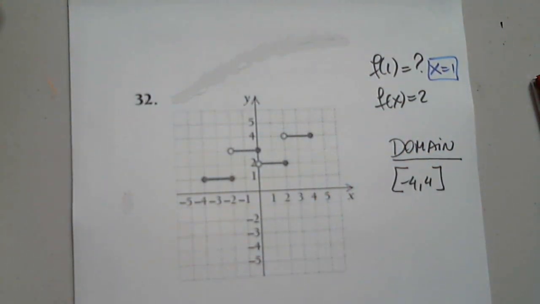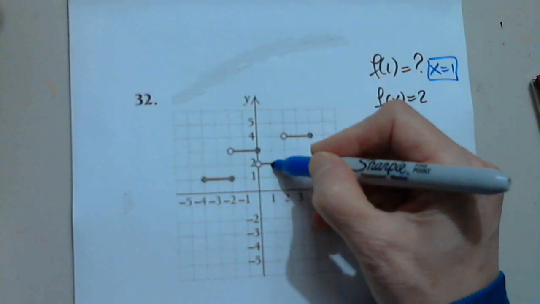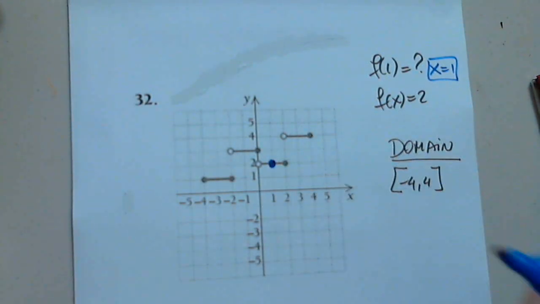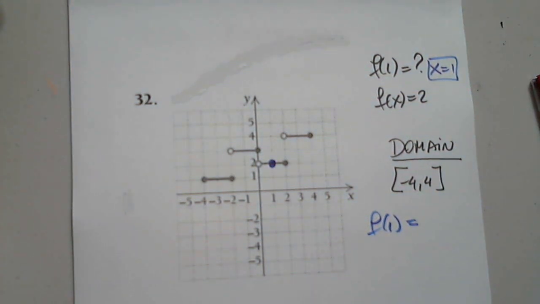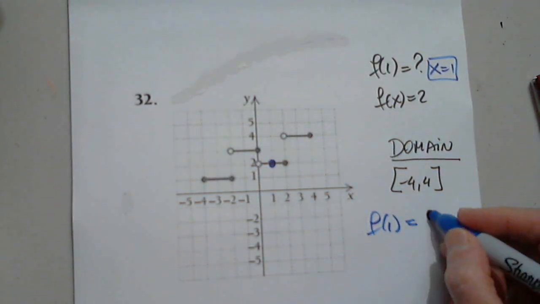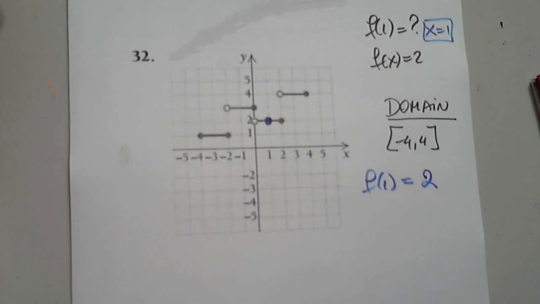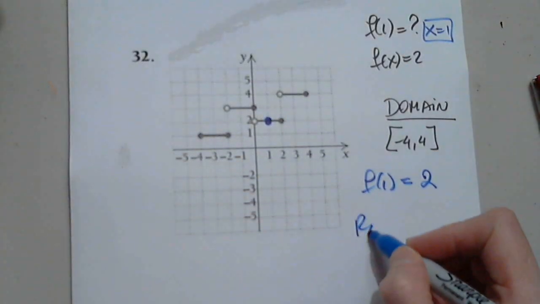So then what will I read? I will read from this point. So then how much is f of 1? I have to read the y value of that point. 2. Excellent.